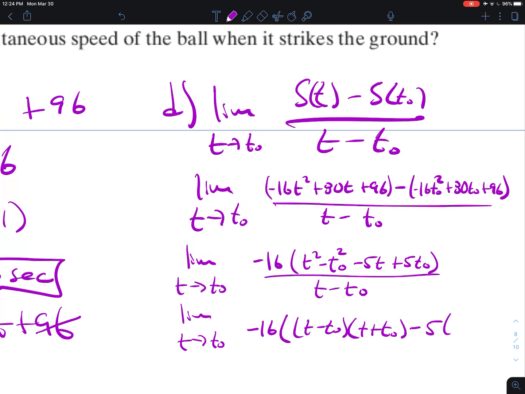If I factor out a negative 5, I get another t minus t null there. And I factored the 16, that was that, and there we go. All over t minus the t null.